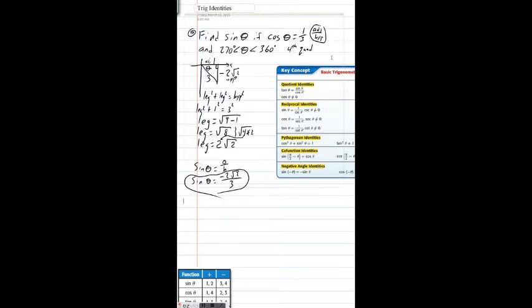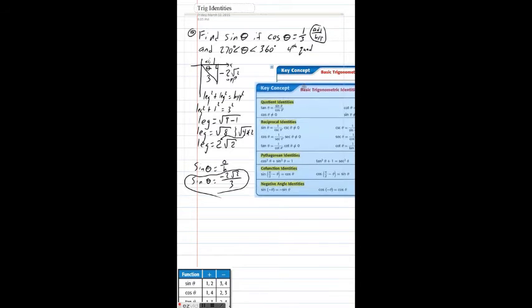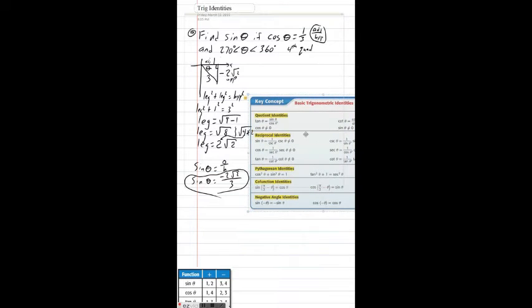Alright, now I want to use these trig identities here. So what we need to do is look to see, is there some relationship between sine and cosine? Do you see any sine and cosine relationship? So right here in the Pythagorean identities, cosine squared plus sine squared is equal to 1.